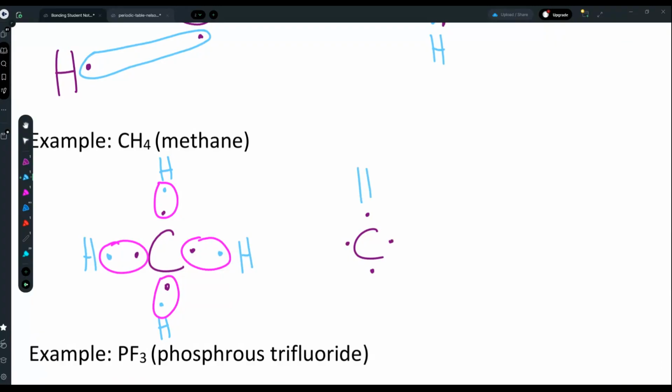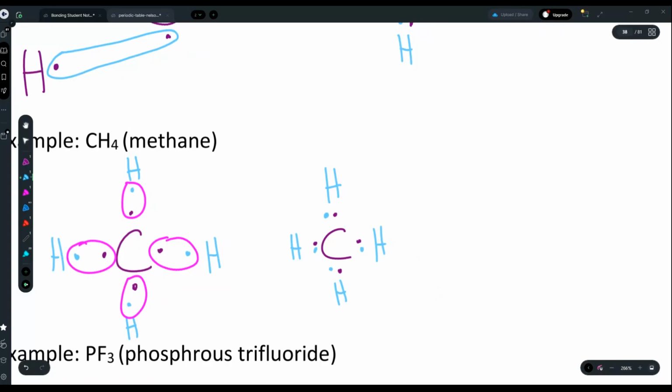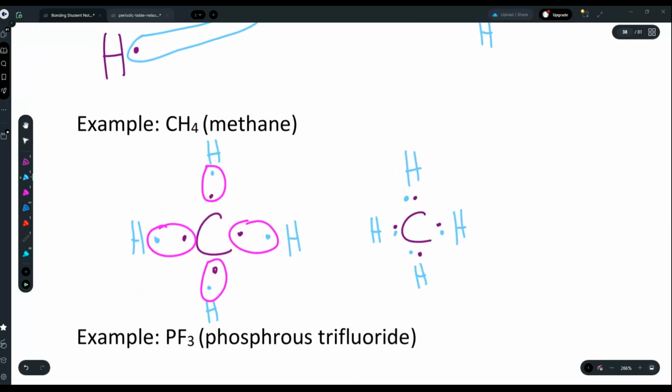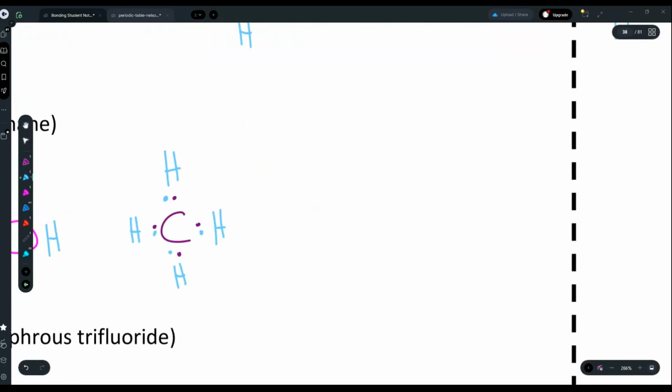Alternatively, you could also draw the Lewis dot diagram or electron dot diagram, whatever you want to call it, like so. And we're just trying to show that these electrons are drawn closer together so that it looks like they are paired up. But in my opinion, the circles communicate that these are the bonding electrons that are pairing up.